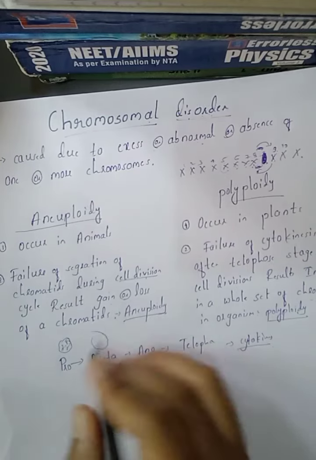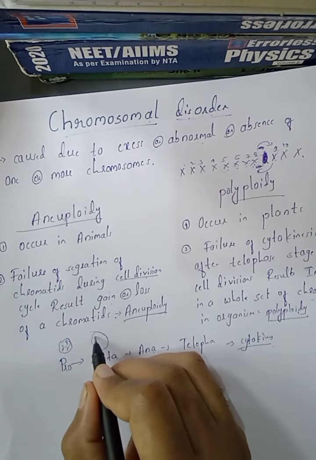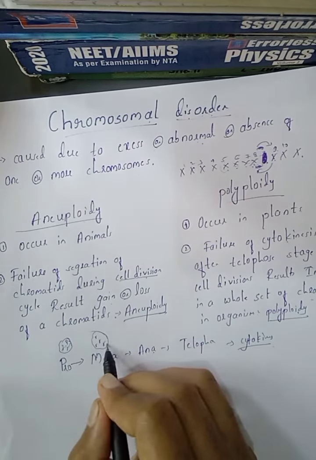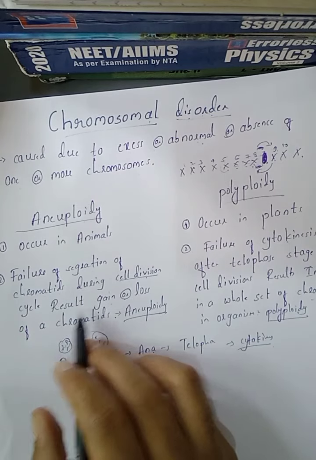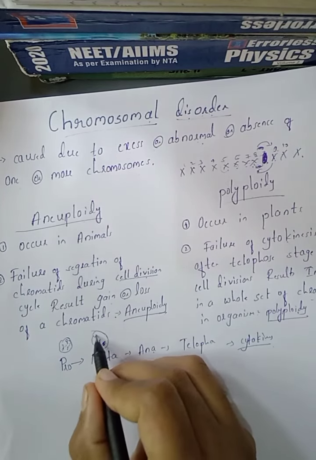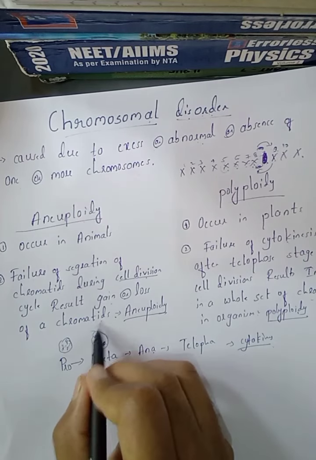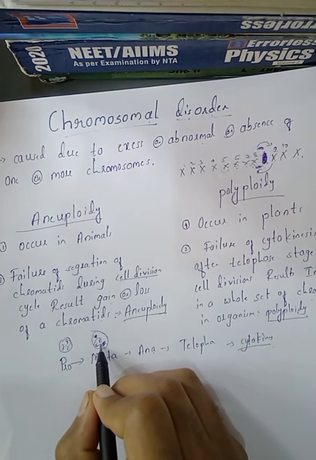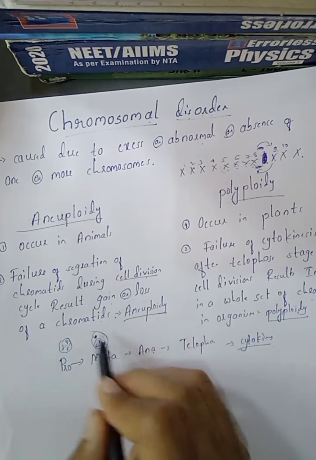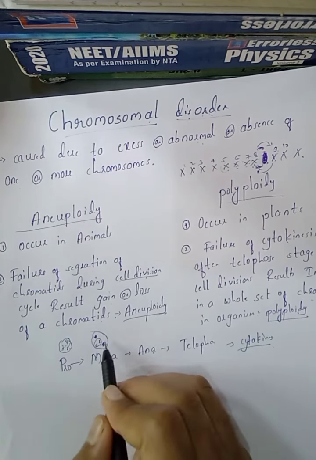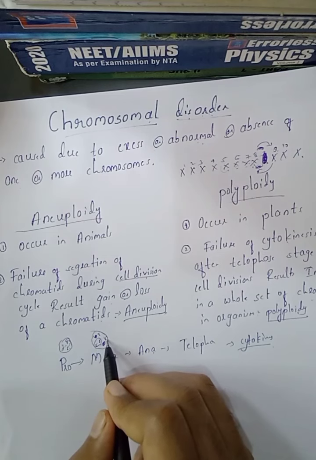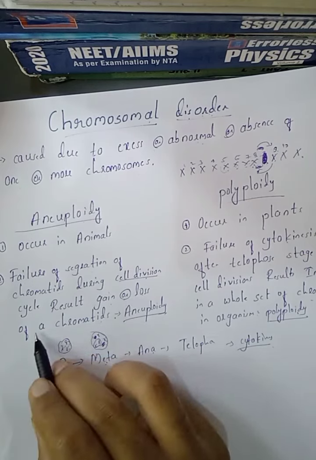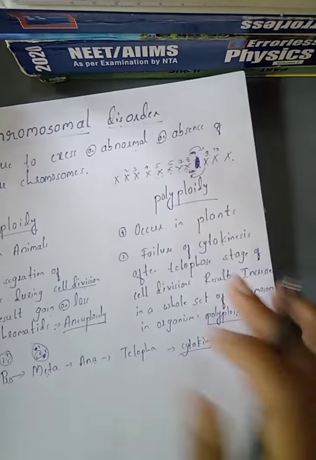Gain or loss of a chromatid: if 3 are there, it becomes 4, or it becomes 2. In prophase there are 3 chromatids, but in metaphase only 2 chromosomes are there, that means loss. Or 3 chromatids become 4 chromosomes, another extra chromosome appears. In cell division this results in gain or loss of a chromatid, that is aneuploidy.